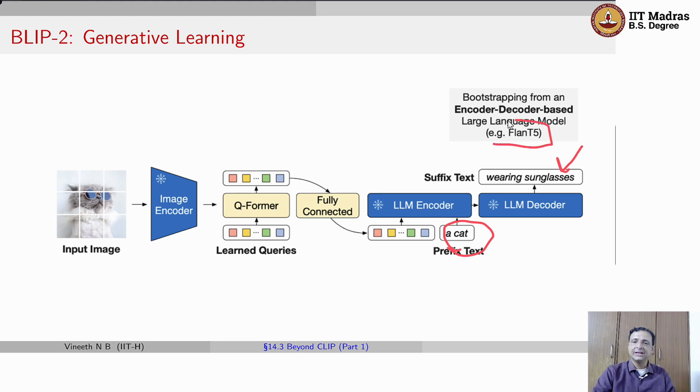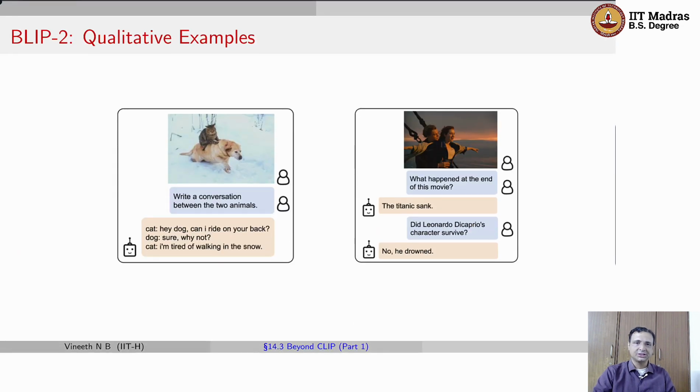For this, they use a FLAN T5 encoder decoder model to perform their studies. That's the overall architecture of BLIP-2, and here are once again some qualitative examples.